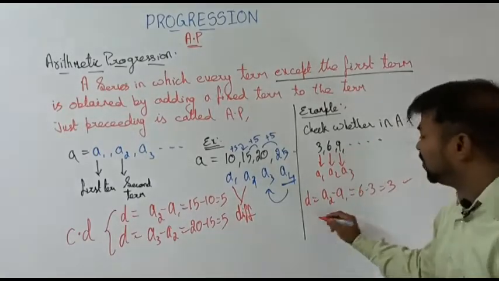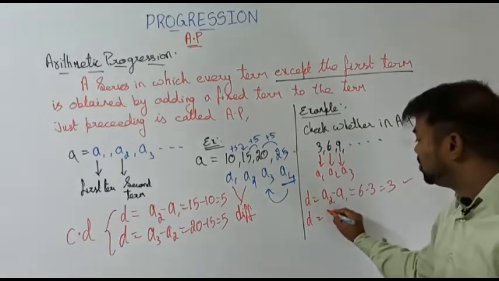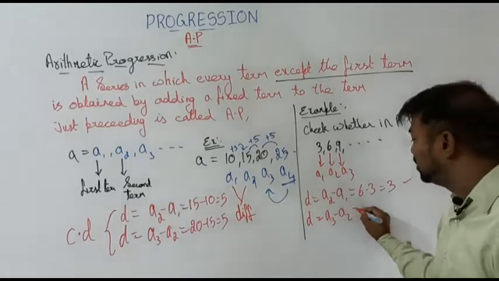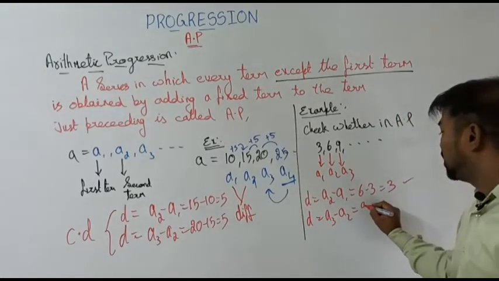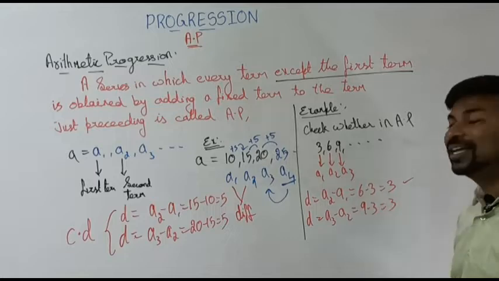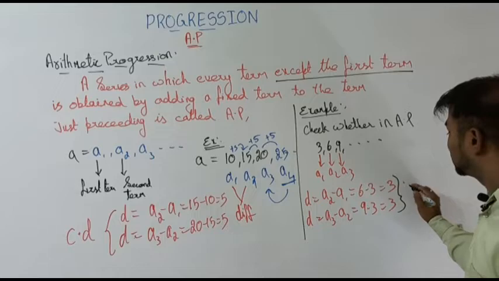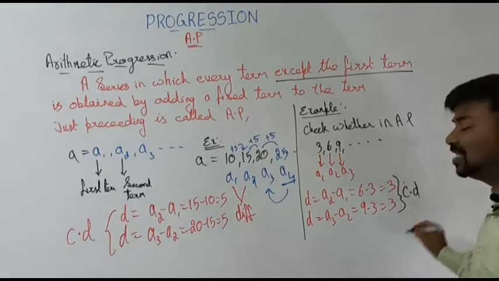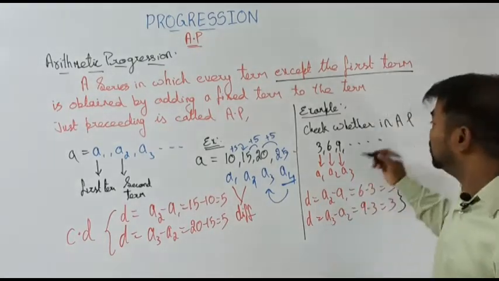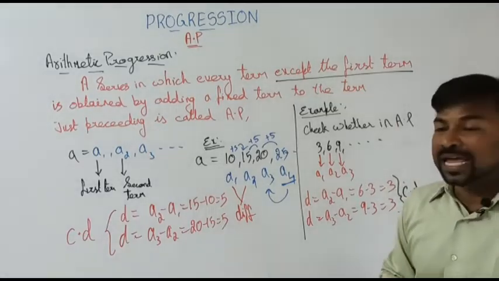Now again let us find the difference here. A3 minus A2, means third term minus the second term. 9 minus 6, again we got 3. Shall I say the difference is fixed? Common difference is there? Yes. Then straight away we can say the series is in AP.